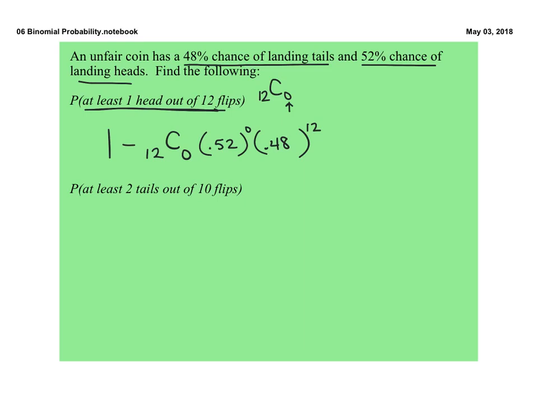So I'm going to put that in my calculator, just like normal: 1 minus 12 choose 0 times 0.52 to the 0 times 0.48 to the 12th. And I'm going to end up with 0.99985.